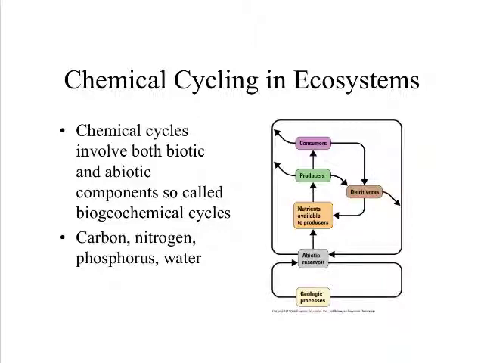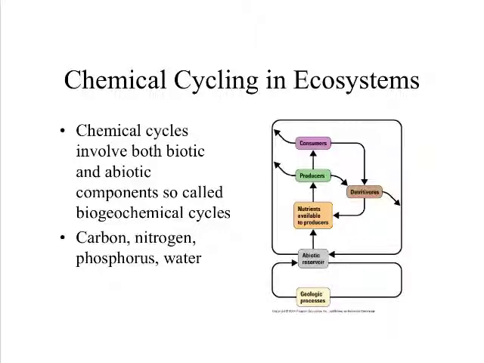So the second key factor in ecosystems, along with energy flow, is chemical cycling. Because we can't have any of the plants make biomass if they don't have the necessary nutrients in order to do photosynthesis. So chemical cycles involve both biotic and abiotic components of the environment.